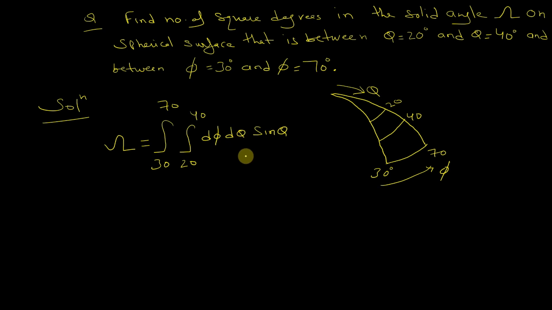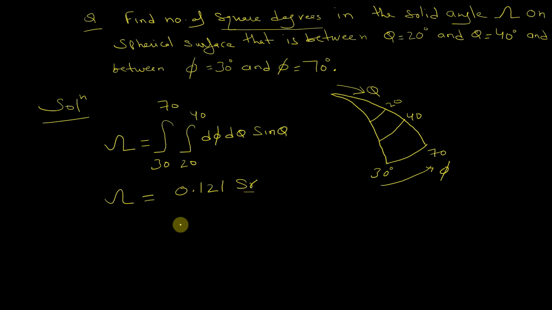Okay, so by solving it we will get 0.121 steradian. This is very simple to solve. And we have to find this as a number in square degrees.